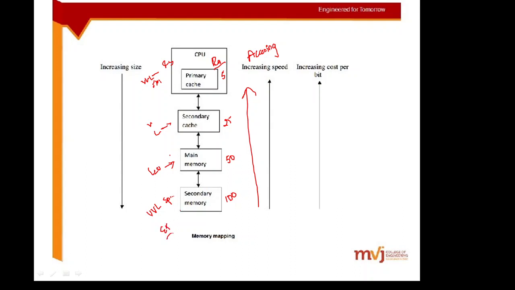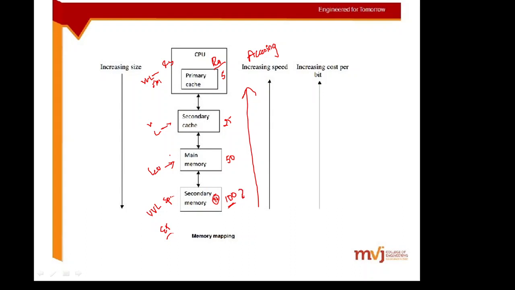If I want to search for the 98th instruction among 100 instructions, it is going to take a lot of time. The accessing speed is nothing but the fetching speed of an instruction. Why?